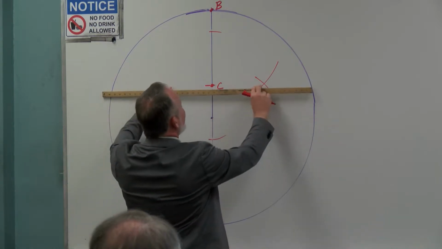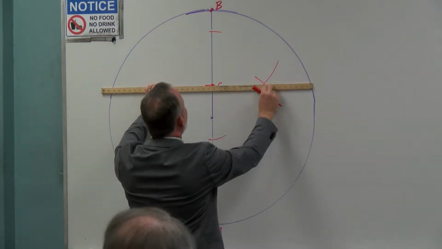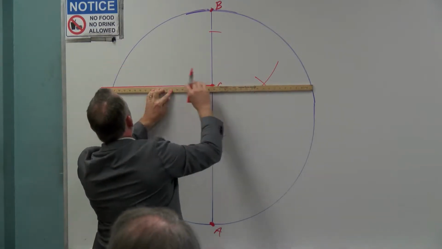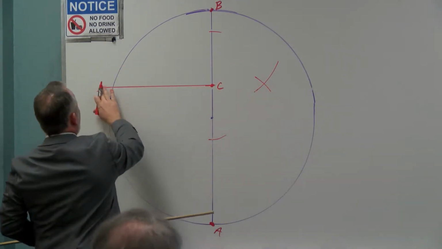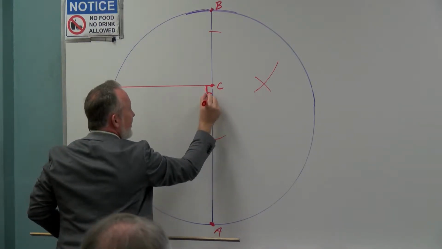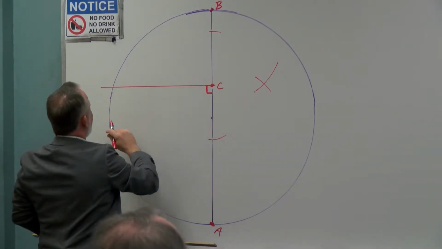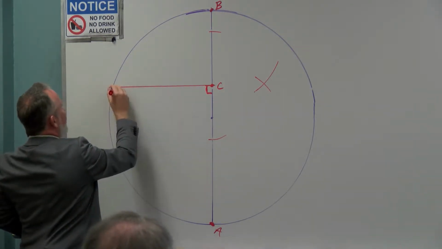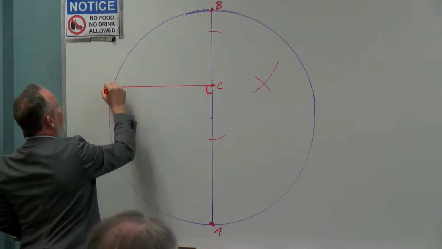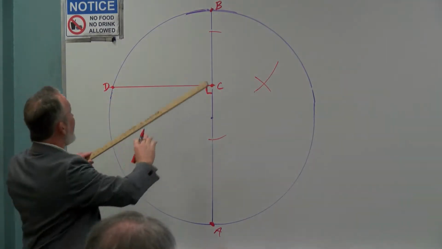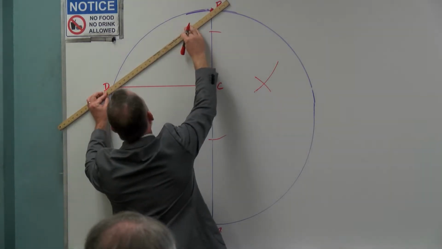And so I'm going to take a perpendicular here. And by construction, this is a perpendicular right here. This is a right angle. And then I'm going to call this point D, and I'm going to connect these.